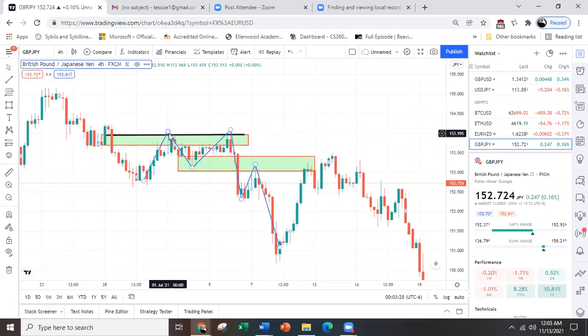Once price retraces into it, we are already paying attention to market structure and how candles are closing, making sure we get the confirmation. Now, we know that price should not break the high of this candle. So the fact that this mitigation block is forming off of this order block should give you some type of confirmation to go ahead and get in up here and catch a re-entry down here.